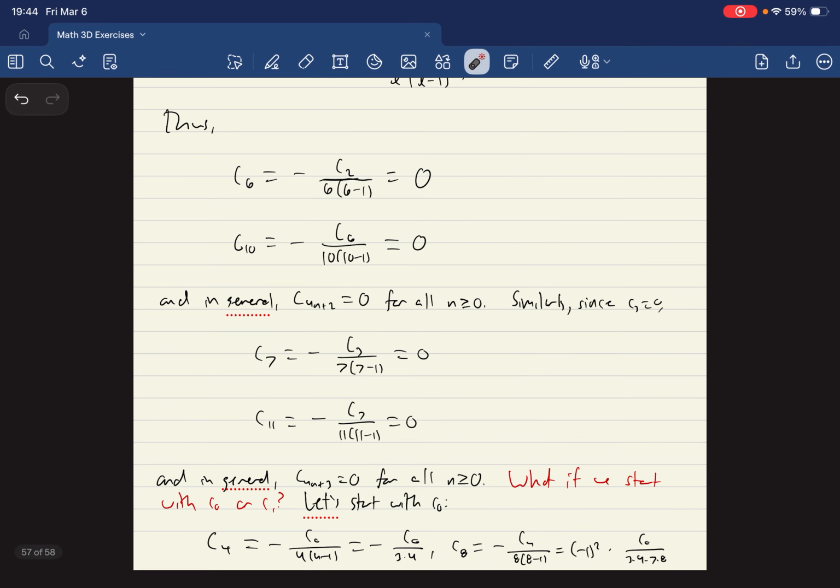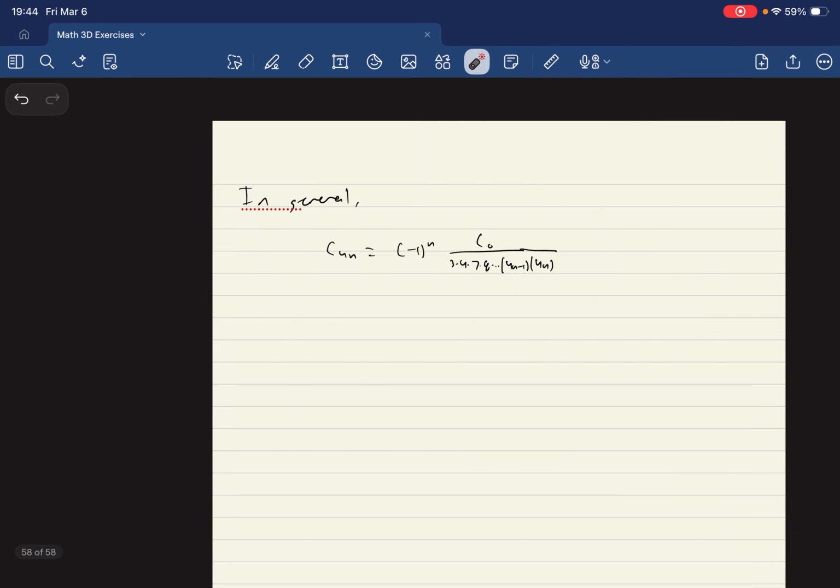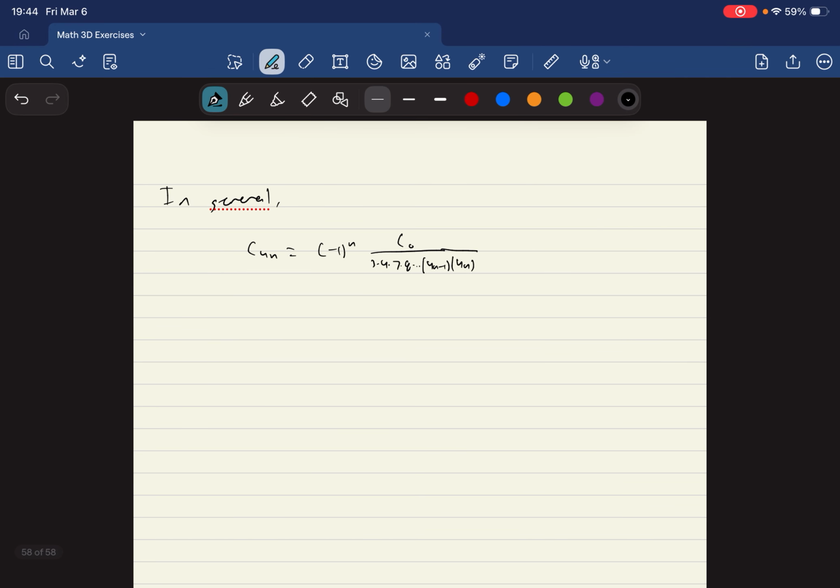And we add the 4n minus 1 because of that 7 right there. 7 is 8 minus 1. So this is the general pattern for the 4n coefficients.